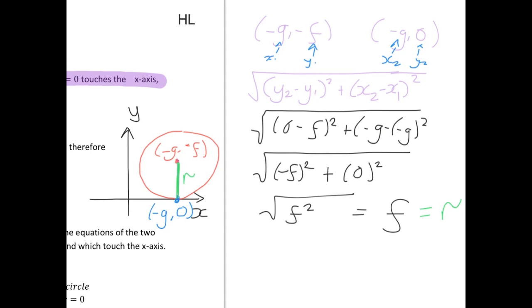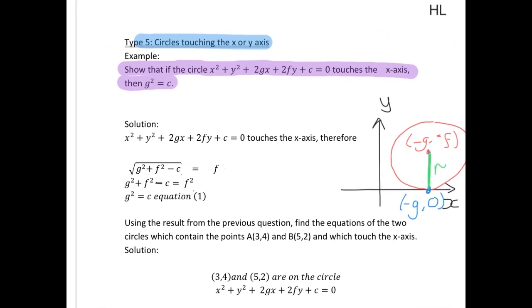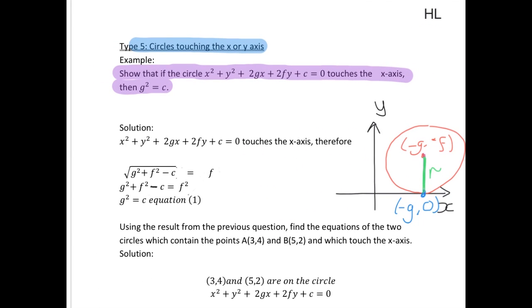So now if we go back over here, we recall that the formula for the radius of a circle of this type is the square root of g squared plus f squared minus c. And I just worked out over on the right that this is actually equal to f. So this distance here, r, is actually equal to f, and that's also given by our formula as well.